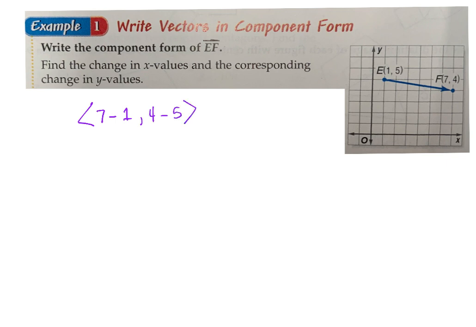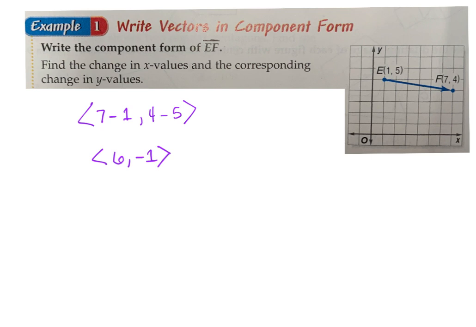Order matters, okay? So I have to start with F, that's 7 and 4, and subtract E, 1 and 5. And so for this particular vector, it would look like this: 6, negative 1.